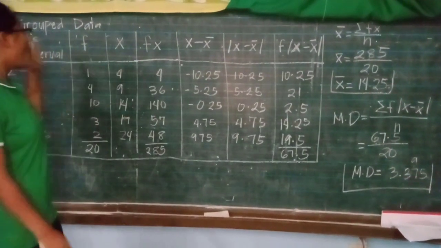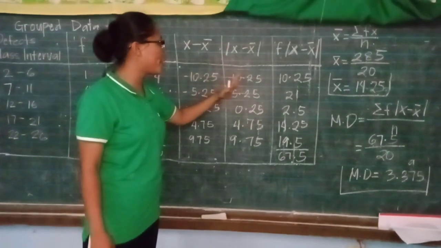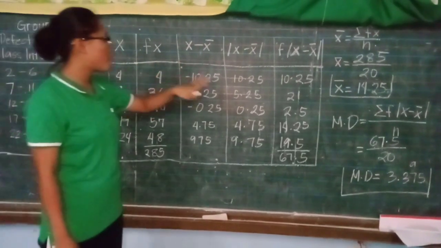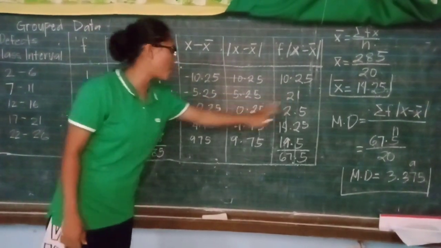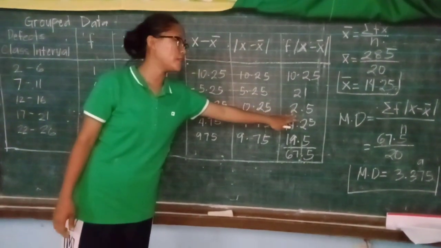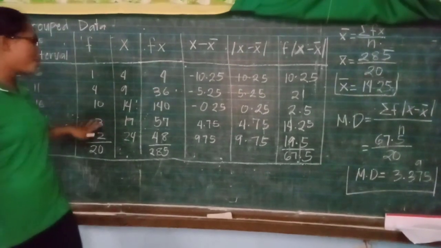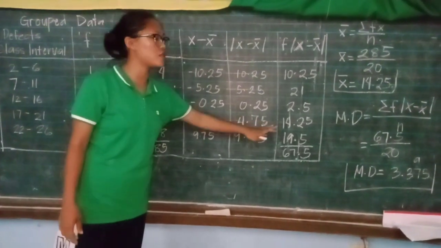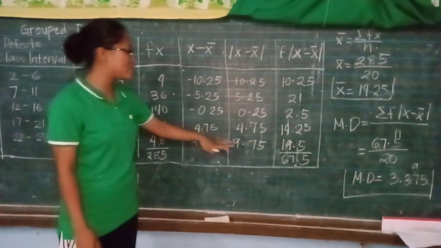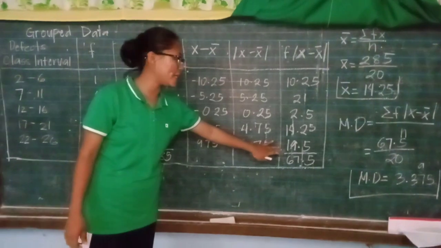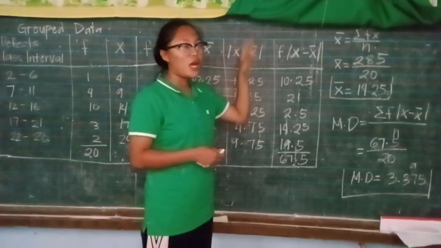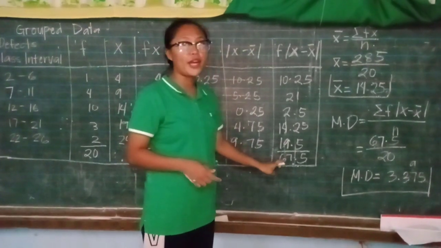And that will be 1 times 10.25 is 10.25. 4 times 5.25 is 21. 10 times 0.25 is equal to 2.5. 3 times 4.75 is equal to 14.25. 2 times 9.75 is equal to 19.5, and the total of our f times absolute value of x minus mean is 67.5.